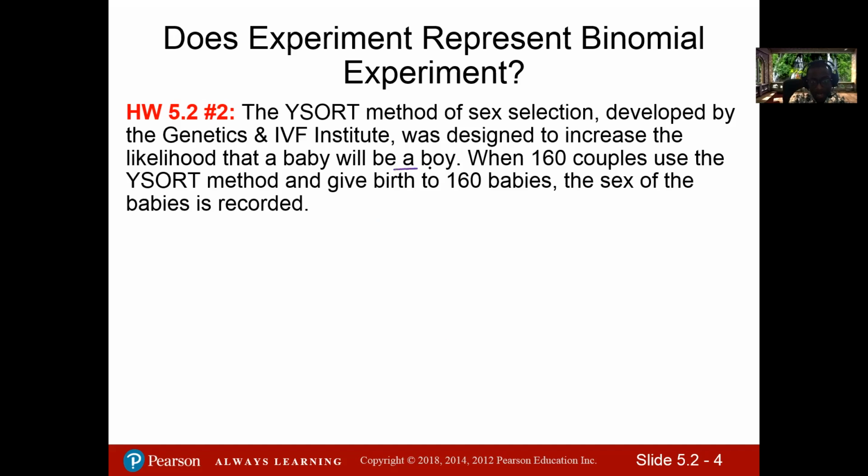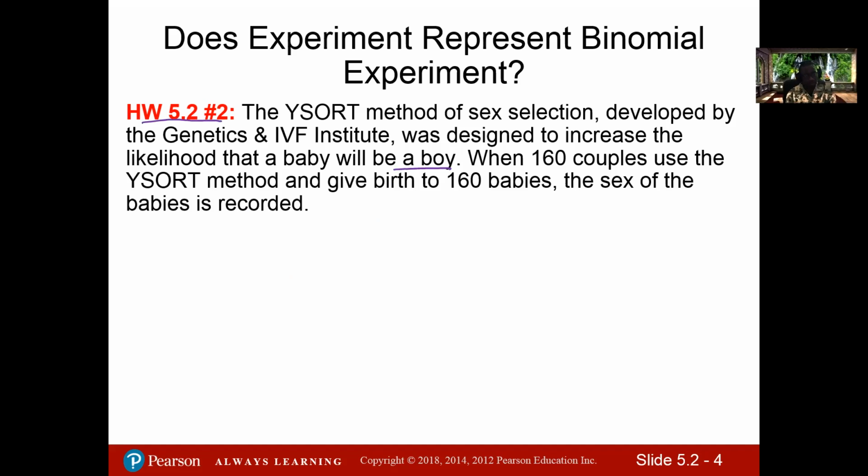So take note of that. When 160 couples use the method and give birth to 160 babies, the sex of the babies is recorded. Now, this is exactly the homework 5.